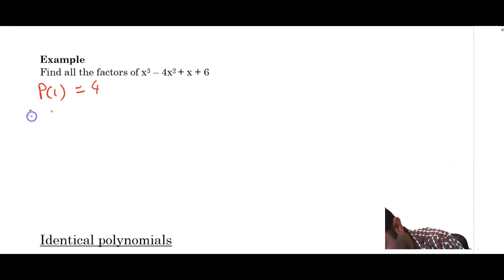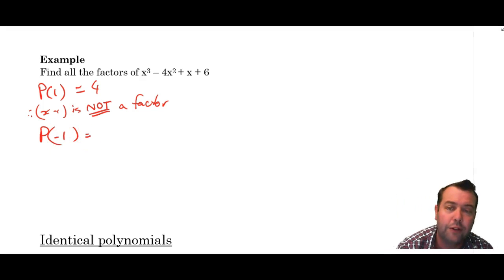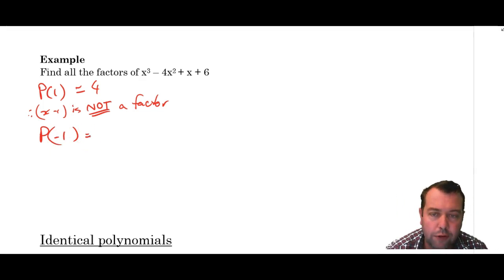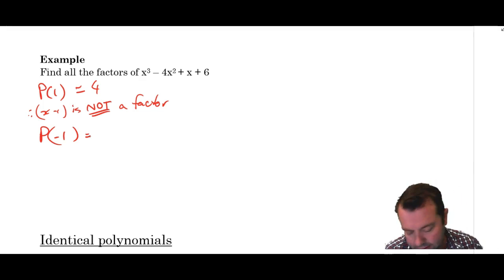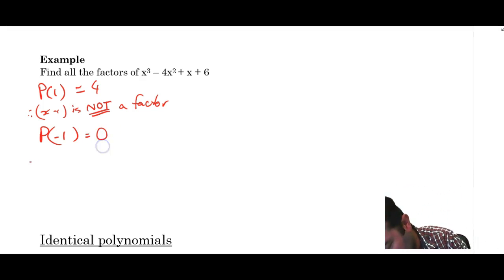So x minus 1 is not a factor. We'll try -1. Still relatively easy, and when I do that, -1 cubed minus 4 lots of -1 squared, minus 1 plus 6 equals 0. That means that x plus 1 is a factor.